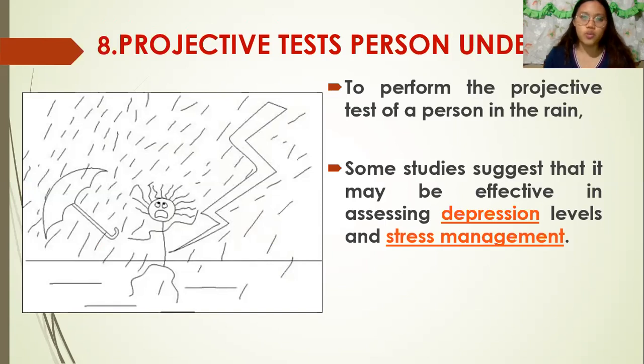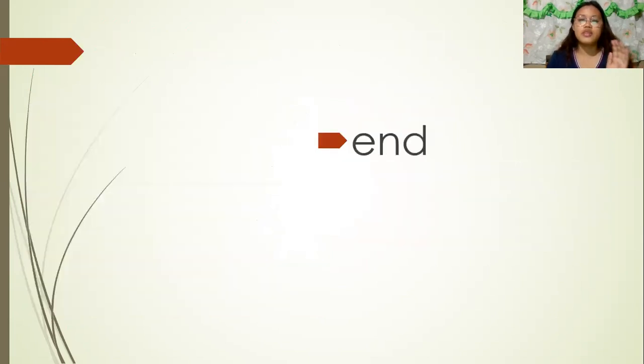So again, what I've discussed today is the types of tests, types of projective tests. Mainly, I've given emphasis on the Rorschach ink blot stains developed by Hermann Rorschach. Second is the TAT or thematic apperception test developed by Henry Murray, which includes different pictures.